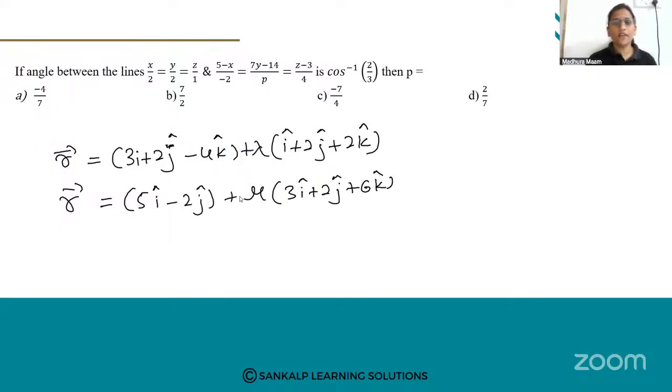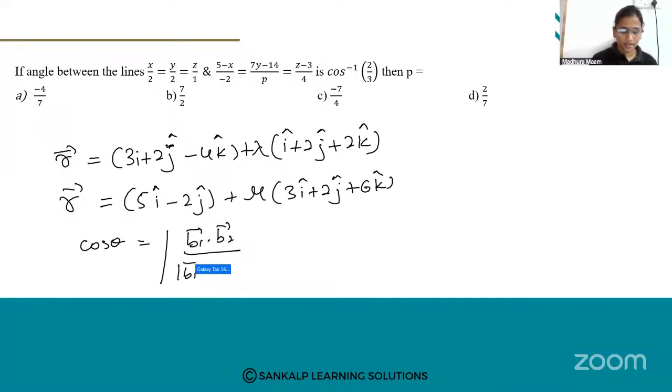In vector form, what is the formula that we know? Cos theta equals the dot product of b1 and b2 divided by magnitude of b1 into magnitude of b2. Is that correct? The standard equation of a line is a plus lambda b.